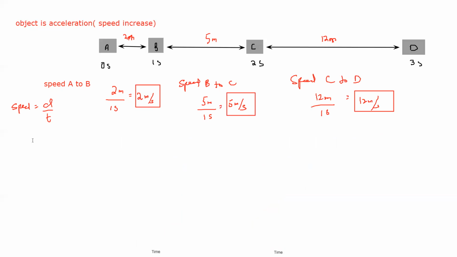Then I will sketch a distance time graph. Is it clear, the numerical explanation of acceleration? Whenever the speed of an object increases, we call that object accelerating.